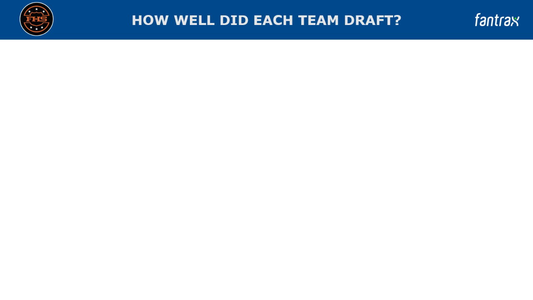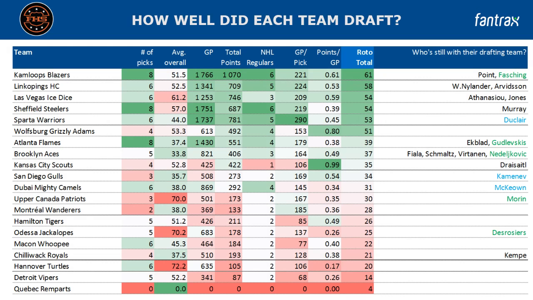So okay, how did the teams draft? I've used again, like last year, the same roto-based system. Trust me, it's absolutely flawless. It rates them perfectly. And the first thing you can see here is right below that the Ramparts actually sat out the whole draft. They traded away all their picks.